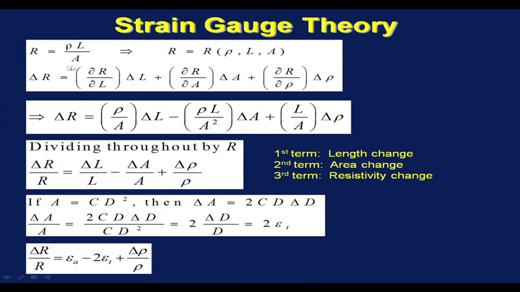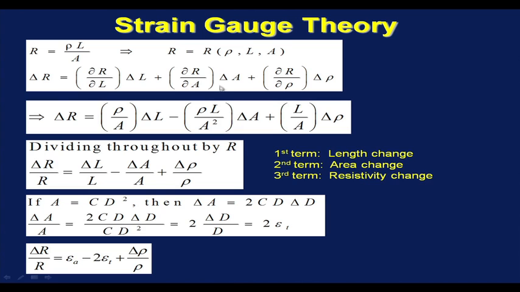So, you have a functional relationship between resistance and resistivity, length and area. So, we can find out change in resistance delta R as del R del L times delta L plus del R del A times delta A plus del R del rho times delta rho.